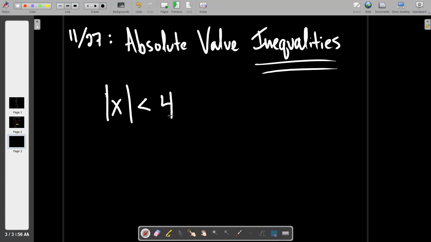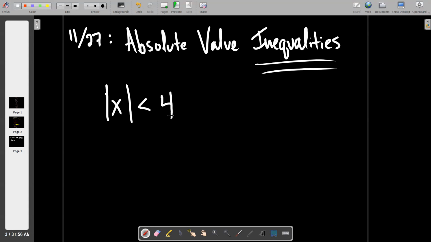So at this point, I can't say that there is a number that makes this true. Remember, when it was equations, I could say, oh, x could equal 4 or x could equal -4, right? I was looking for those specific targeted numbers that made an equation true. Today and tomorrow and probably the next day, we're not searching for a number that makes something true.